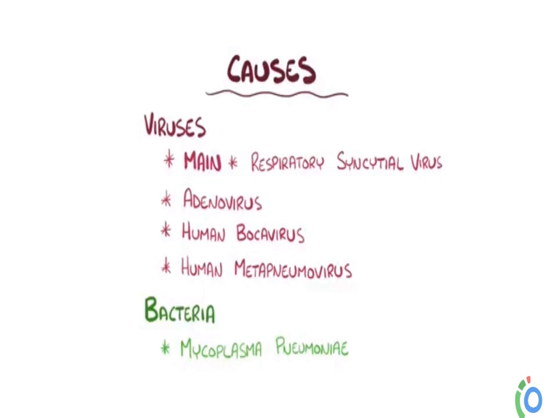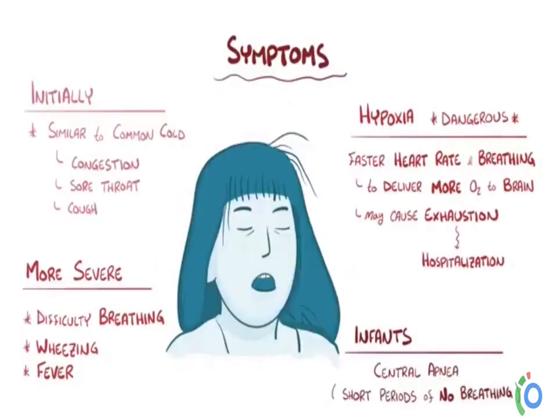This is as previous. Remember, viruses are the most common cause, and the most common one is respiratory syncytial virus. The symptoms when the virus remains in the upper airway are fever, cough, and sore throat.